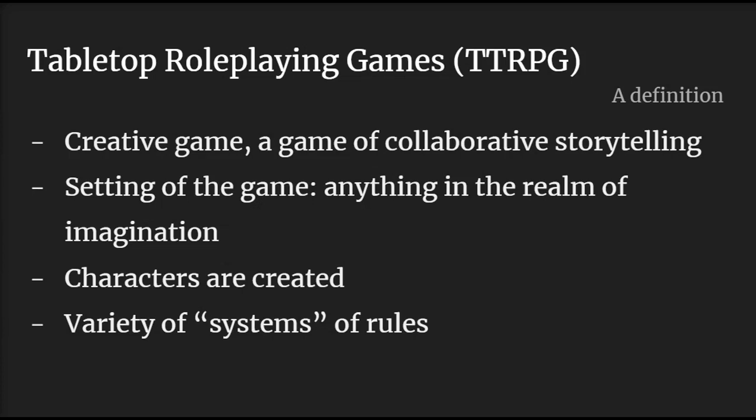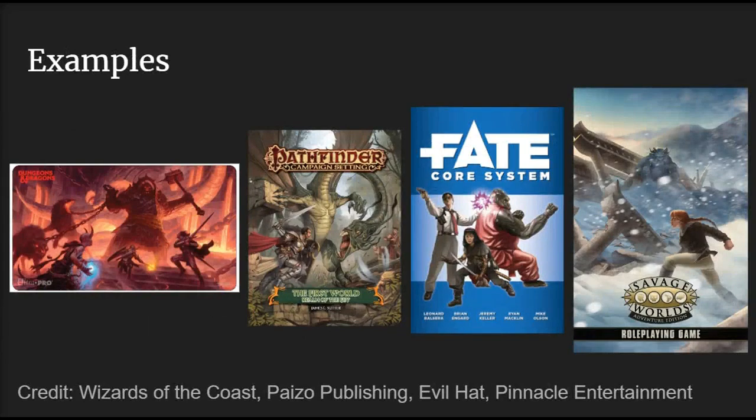So it holds and cements the whole game together. Some examples of common systems of rules include Dungeons and Dragons, Pathfinder, Fate, and Savage Worlds. These are just some systems of rules that are common in the TTRPG world.